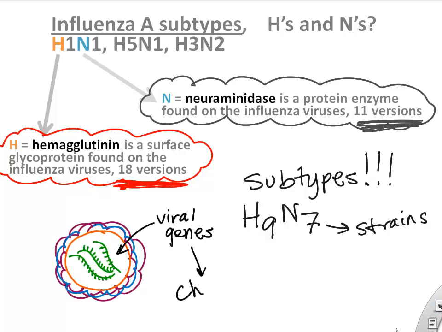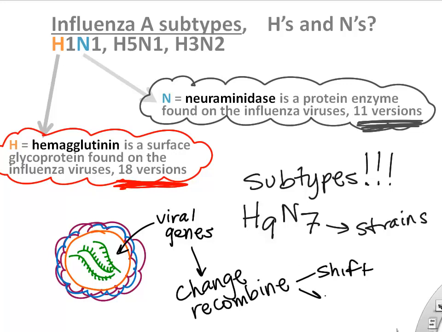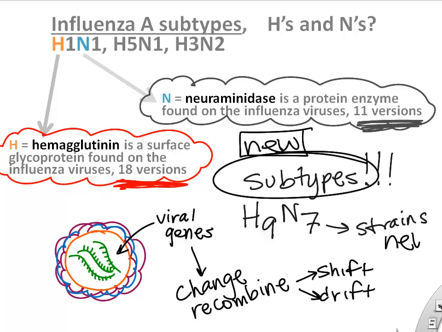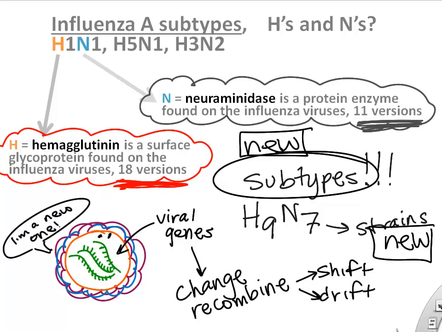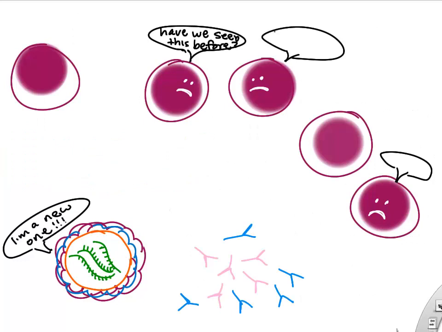The other interesting thing about the influenza A virus and the B virus is that the viral genes can change and recombine to create genetic shift and genetic drift. So that will create new subtypes and new strains of each subtype. Now, this creates a problem for our immune system because our immune system is very specific in the antibodies it makes and the response that it makes.